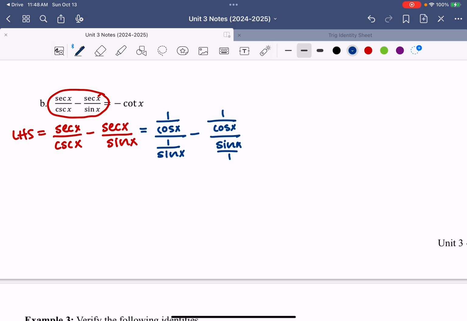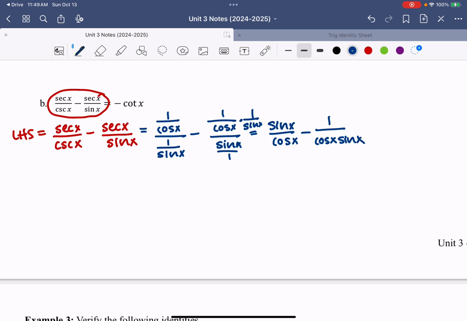Okay, I see that within that I have some fractions and fractions, so we can go ahead and multiply by the reciprocal of the denominator. So for that first term, that would give me sine x over cosine x. And then for my second term, if I multiply by the reciprocal of the denominator, that's going to give me 1 over cosine x sine x.